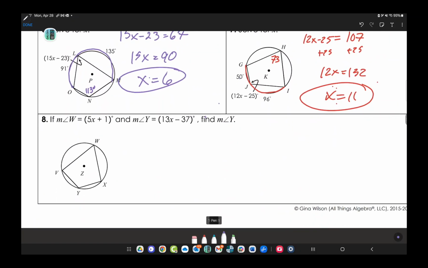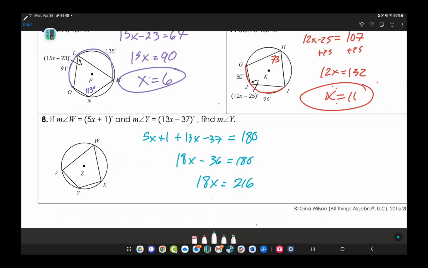And the last one for the day, angle W and angle Y, which are supplementary. So 5x plus 1 plus 13x minus 37 adds up to 180. 18x minus 36 equals 180. 18x equals 216. x is 12.